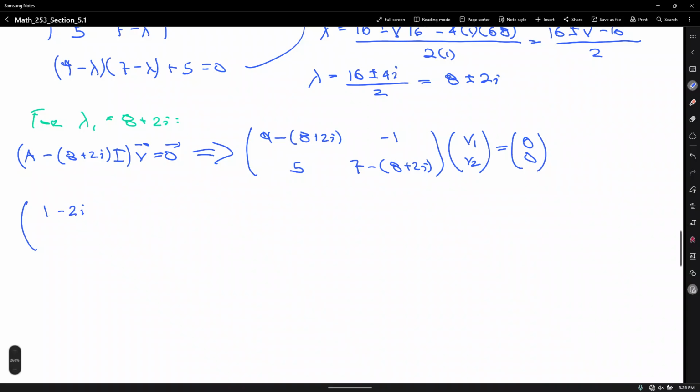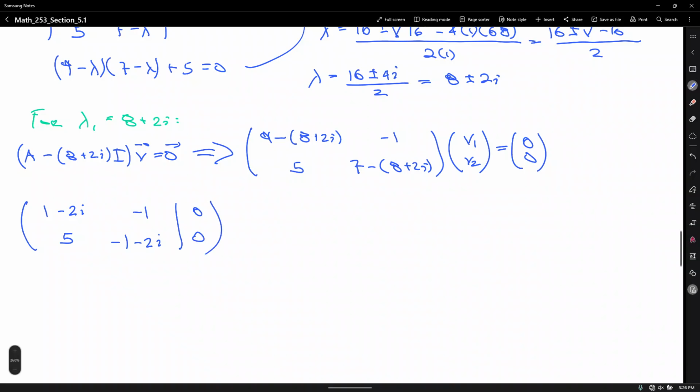So again, when adding or subtracting complex numbers, we add or subtract reals with reals, imaginaries with imaginaries, like terms. And then what about 7 minus 8? Is that negative 1 minus 2i? The other two elements remain the same. And let that be equal to the 0 vector.